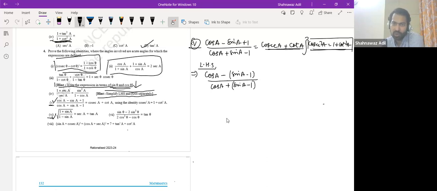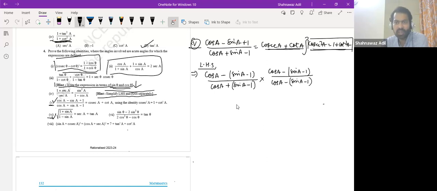So what should we multiply here to rationalize? Cos A minus sin A plus 1, in brackets, and this one is in the denominator.